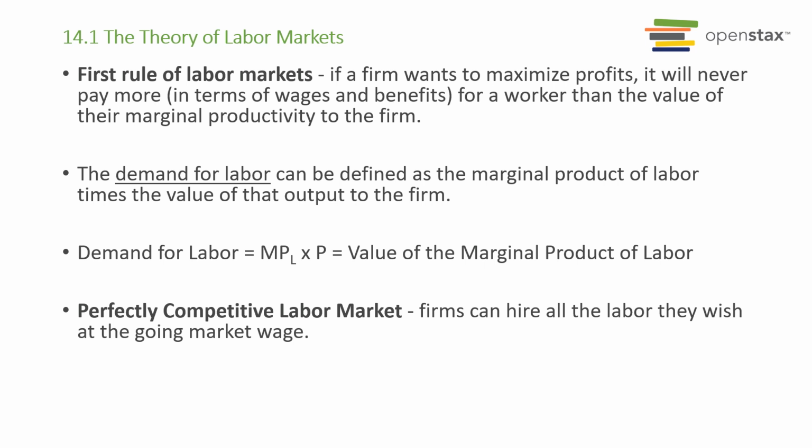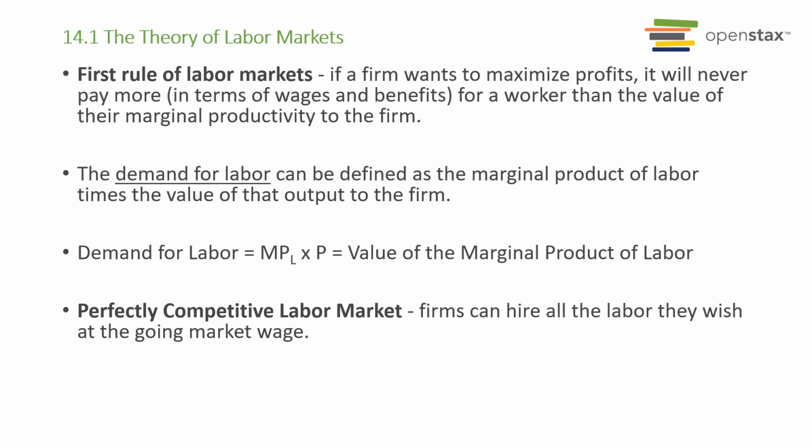That means the maximum I will pay the person will be $25. If I pay him more than $25, I'm actually losing money by hiring this person. So a company will keep hiring people as long as the value this person can bring is more than the wage we're paying.